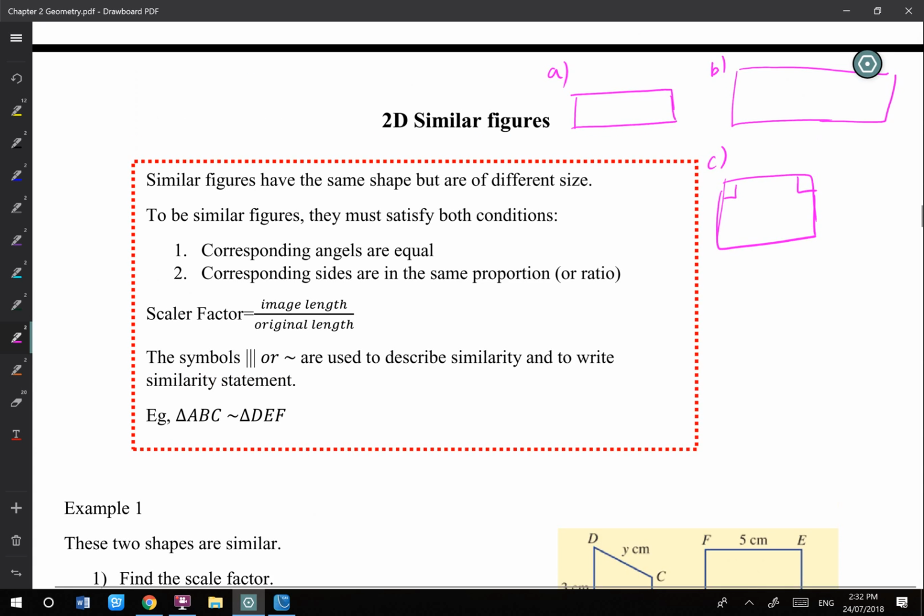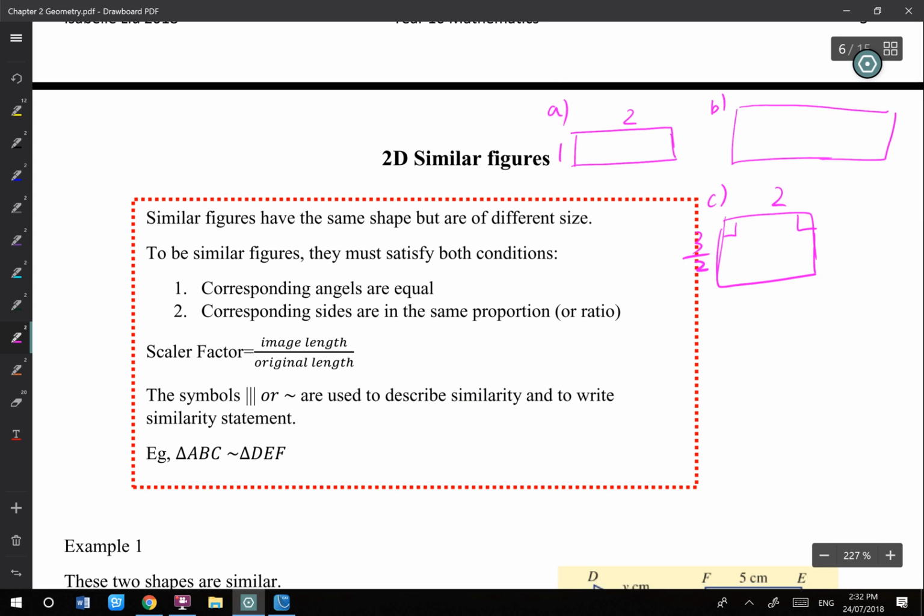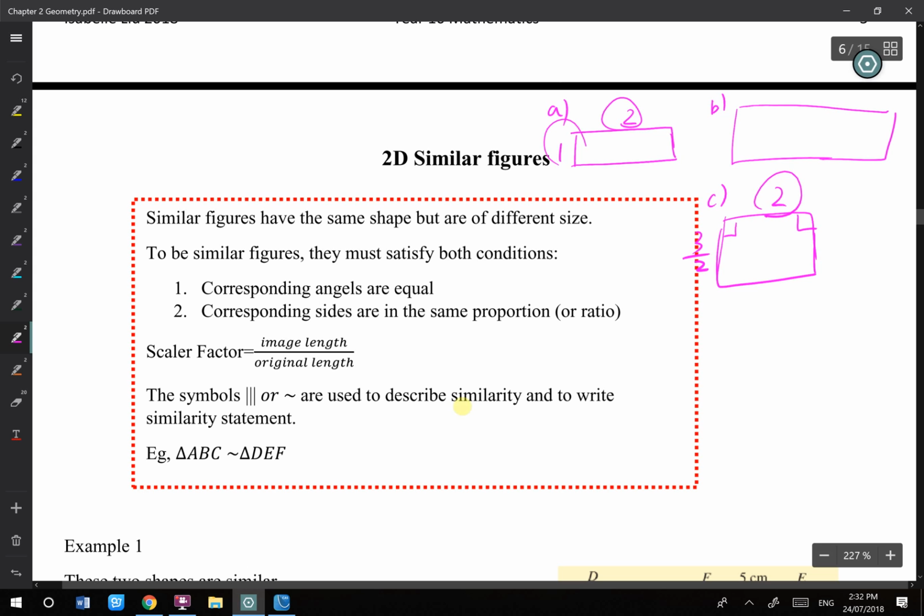What does that mean? If that length is 2, that length is 1. I have a length of 2 here and a length of 3/2 here. Look at A and C. Do you think they are in the same proportion? No. The corresponding ones are not in the same proportion. These ones stay the same, and this is 1.5 times the other one, so they are not in the same proportion.